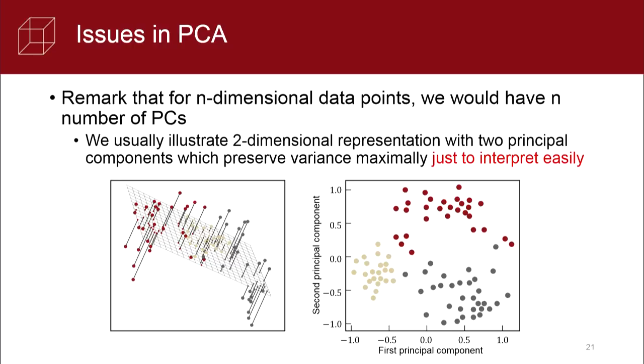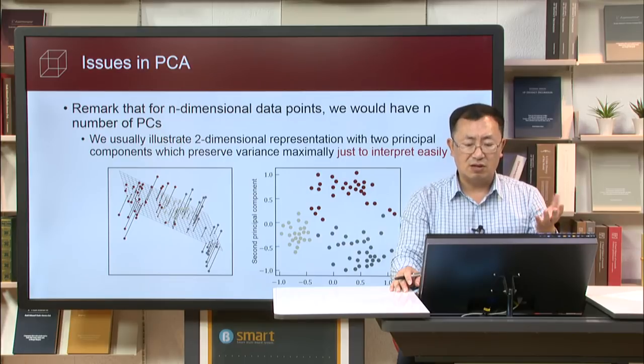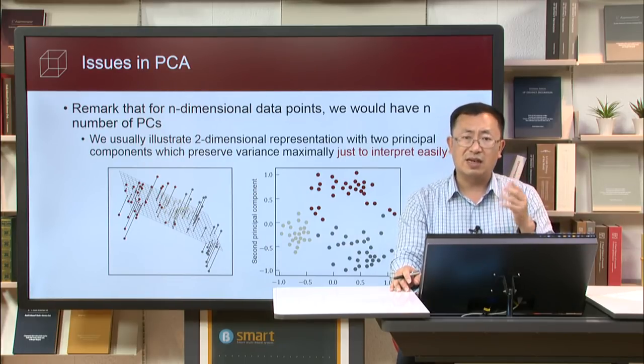When you take a look at the textbook, they try to express the principal components on the two-dimensional space, but you may misunderstand that we only need to identify two principal components, which is not true.